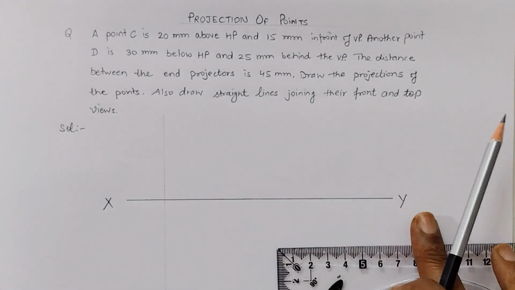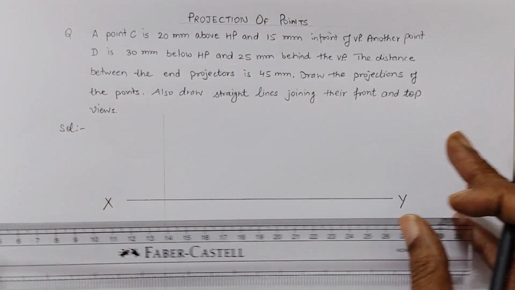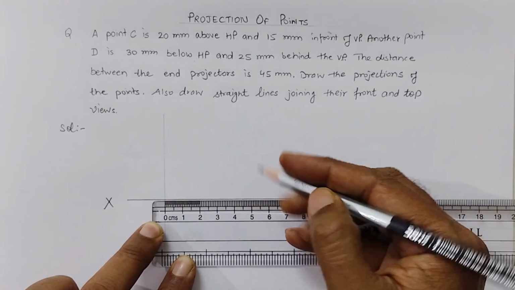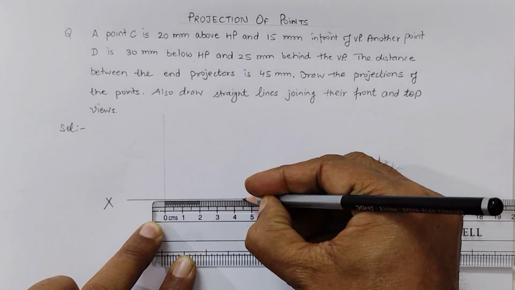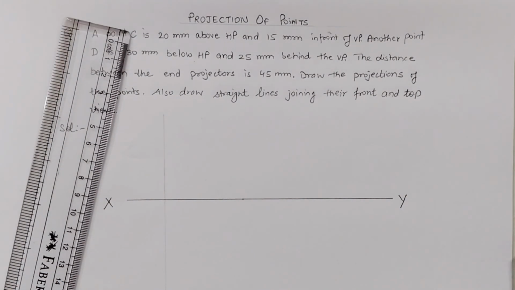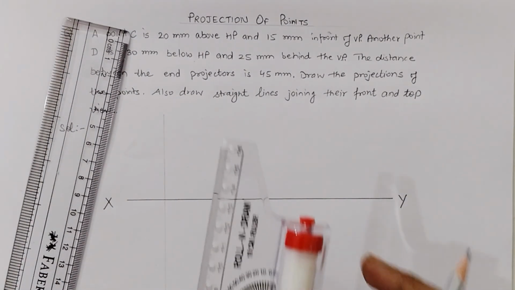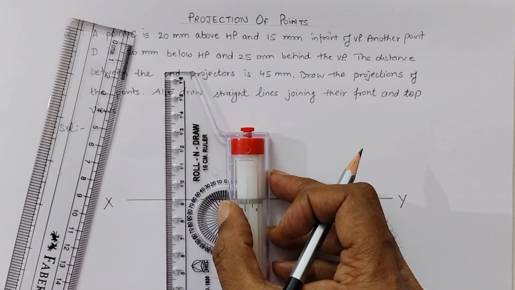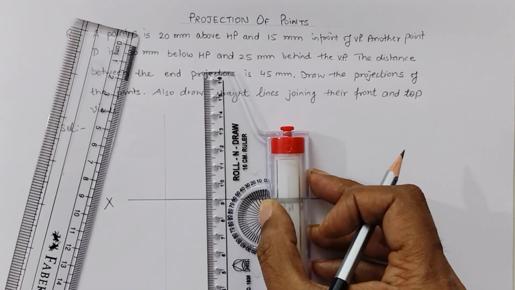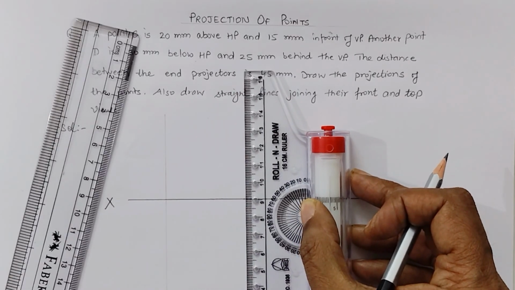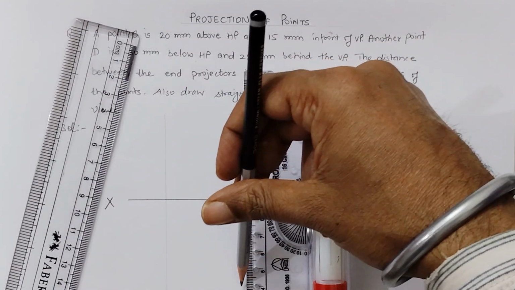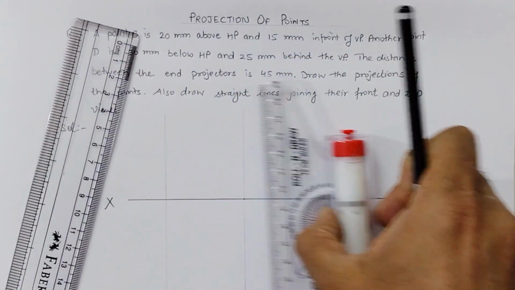So at a distance of 45, we will draw the second projector for point D. Now we have to draw a parallel line to the projector line. So use roller scale. So this is the projector line for point D.